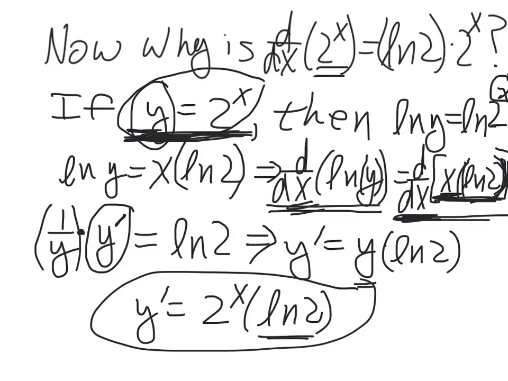From that, using log properties, exponential properties, and the implicit differentiation, we're able to show what we've been working with, but this is why we have that natural log of 2 times the 2 to the x for the derivative.